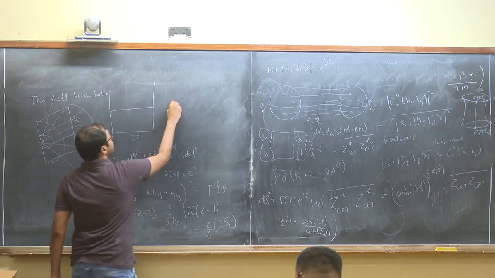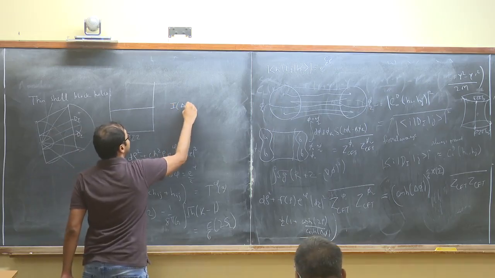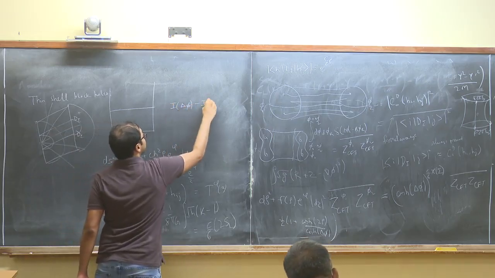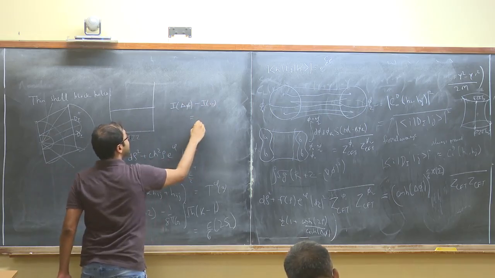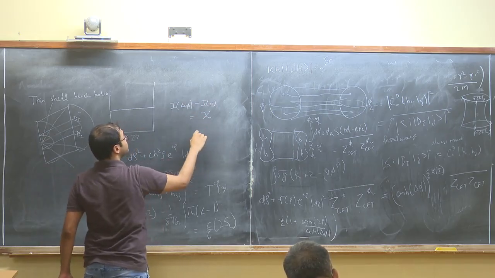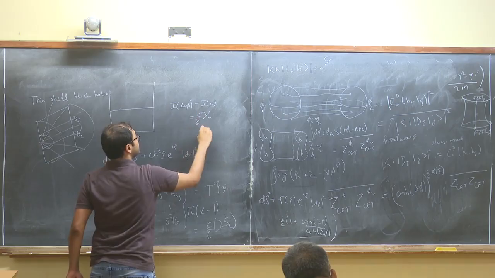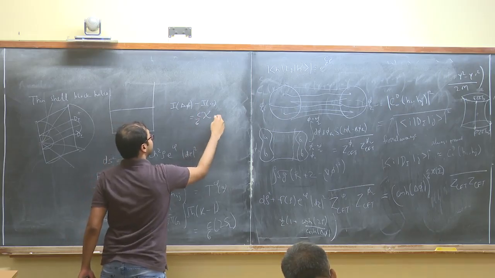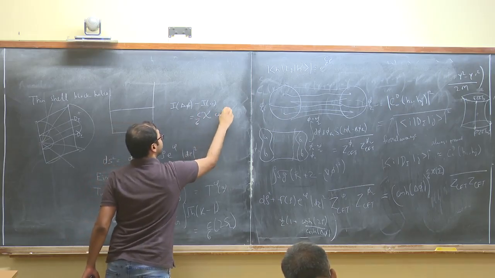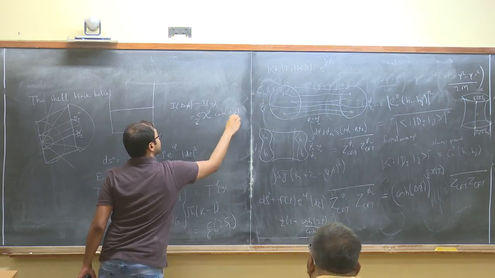Okay, so if you compute the action for this wormhole and then subtract the action of the undeformed wormhole, it's very nicely just proportional to the Euler characteristic of the Riemann surface times whatever the cos delta phi. So this is the result.